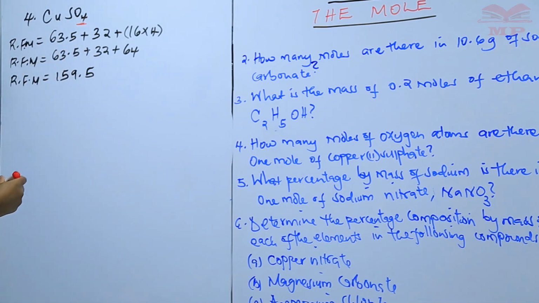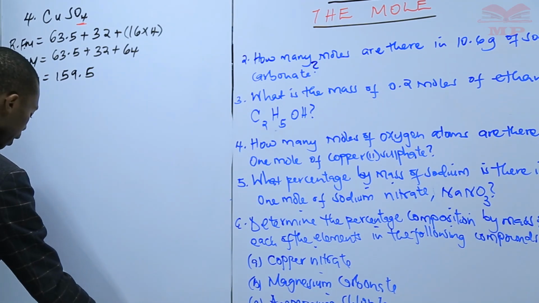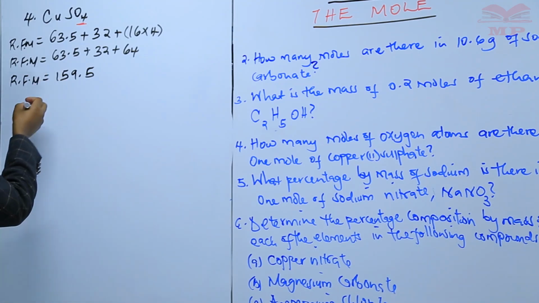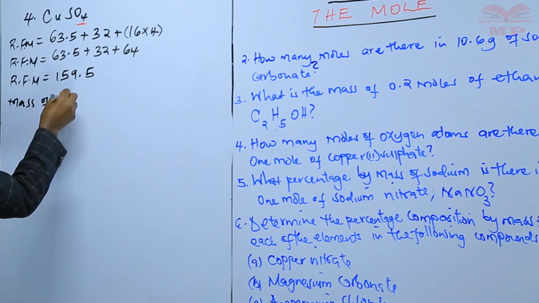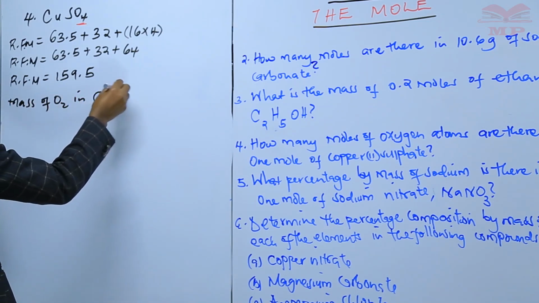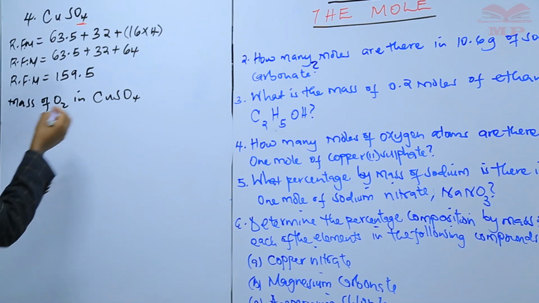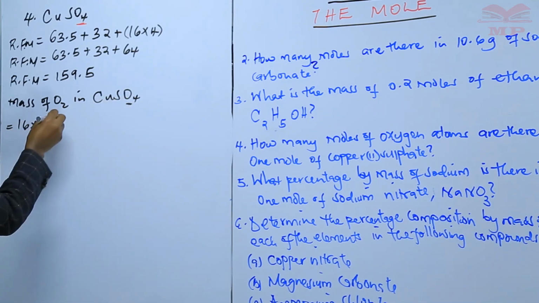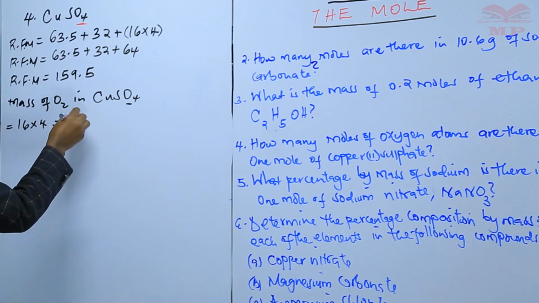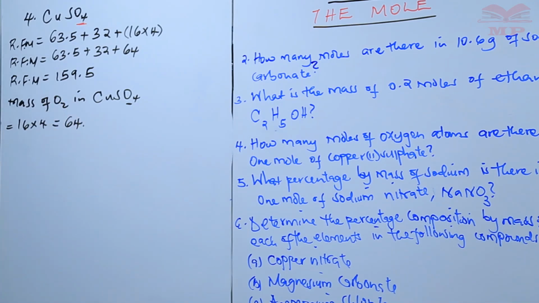It is one of the elements forming the compound copper sulfate. And therefore, the mass of oxygen is just 64. That is 16 times 4, which is 64.